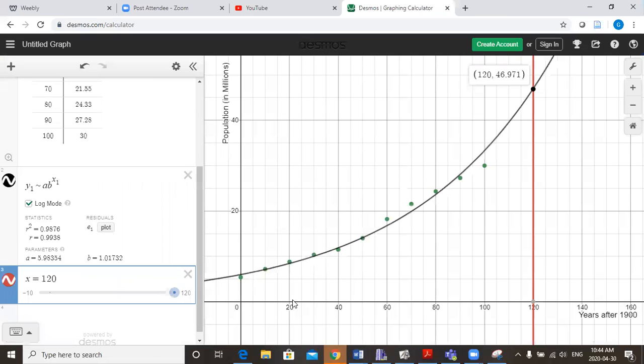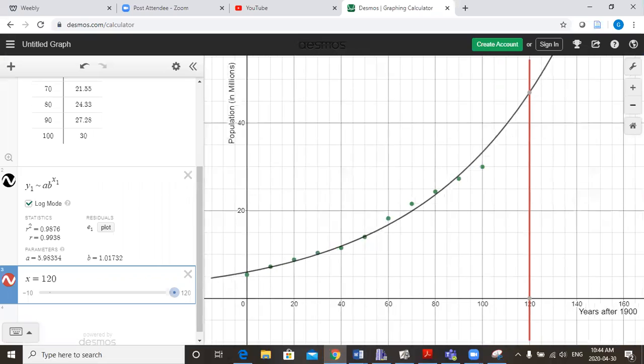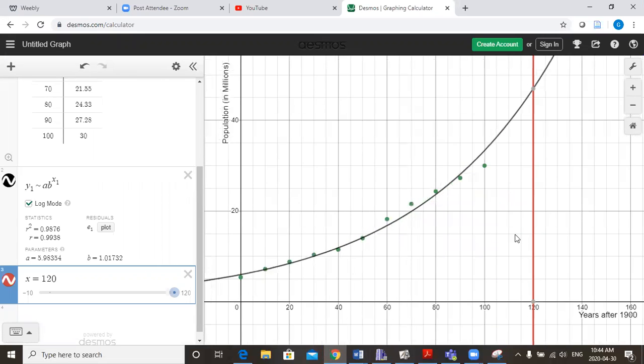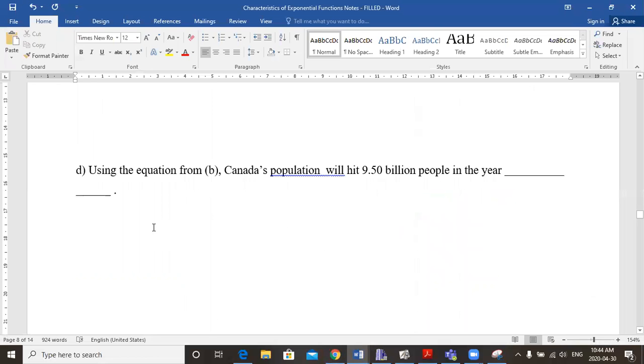Clearly, if we go back to Desmos, okay, the graph is definitely going up. So now, here, the 9.5 billion people, that's the population.